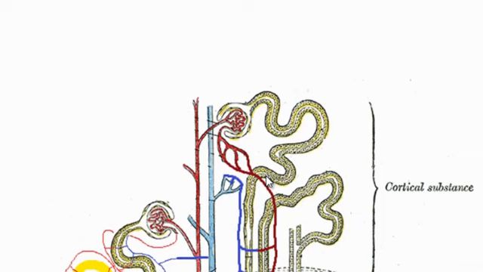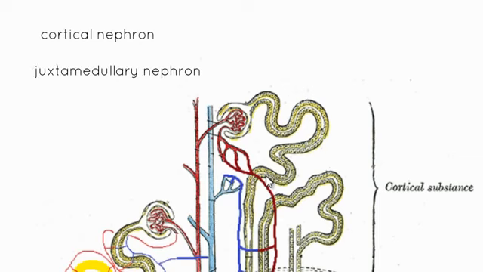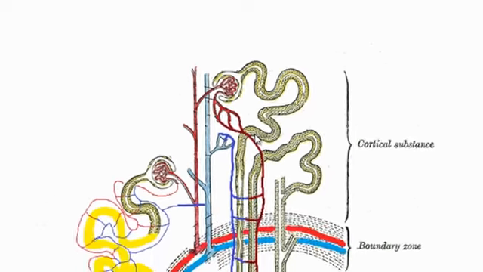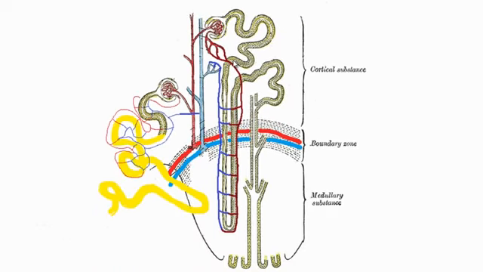So in the kidney you've got two types of nephron. You've got cortical nephrons and juxtamedullary nephrons, and they're sort of determined depending on the location of their renal corpuscle and their loops of Henle. So the juxtamedullary nephrons have their renal corpuscle right next to the medulla, so that gives them their name, juxta meaning next to, and medullary referring to the medullary pyramids.